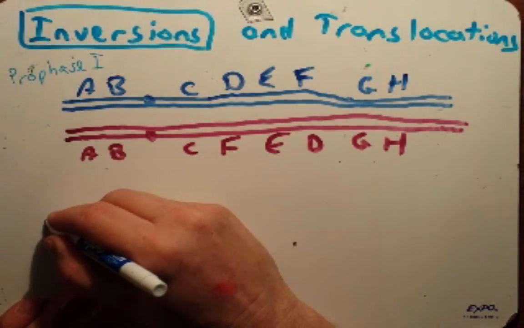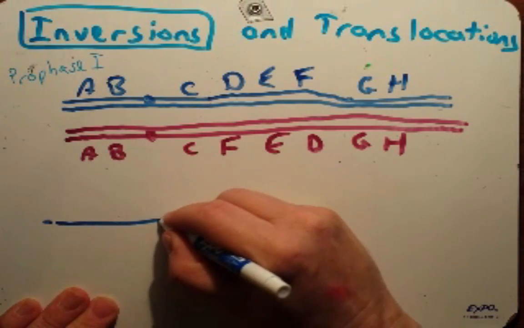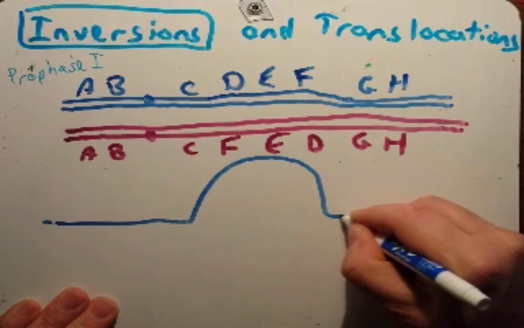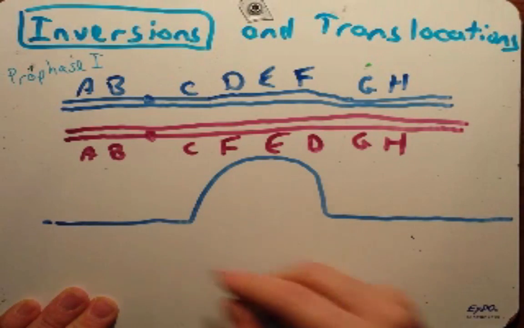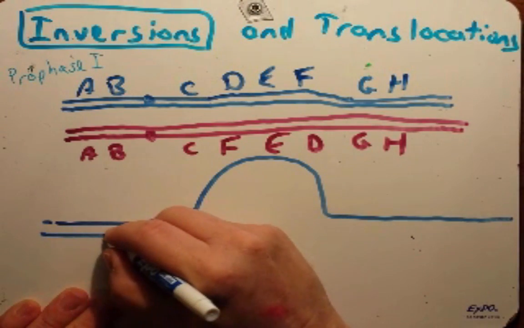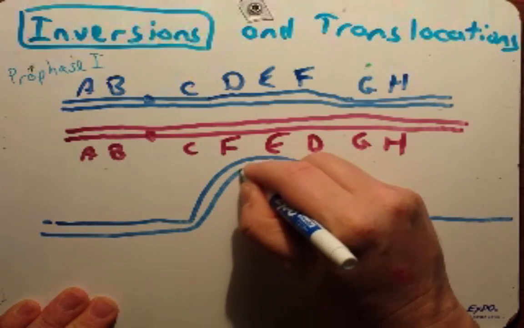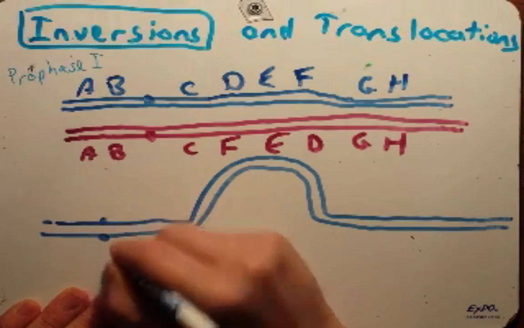So let's draw our chromosome that hasn't been inverted yet. Something like this. And we have to draw the other one. And we'll put our centromeres here.